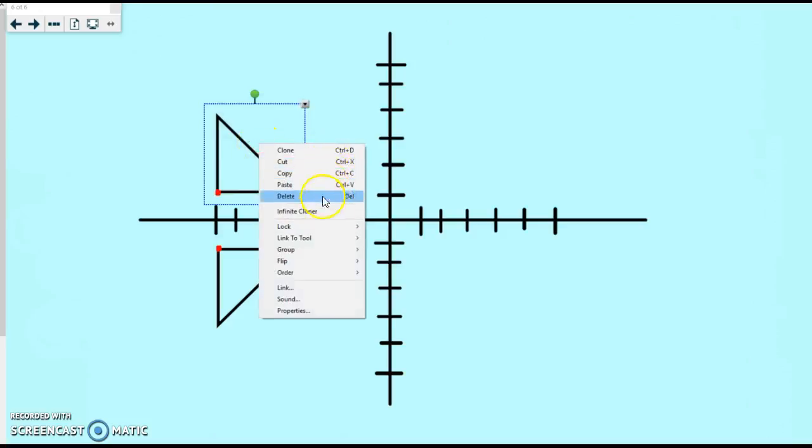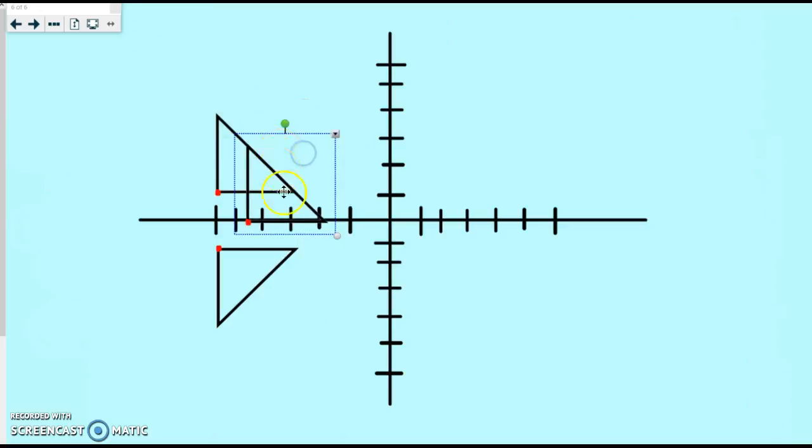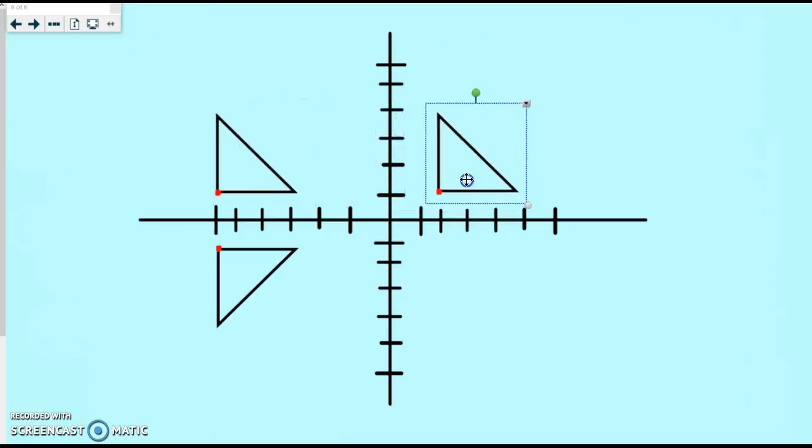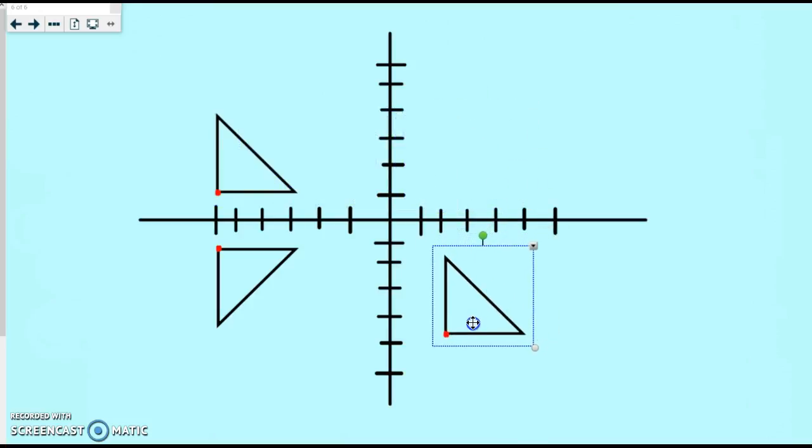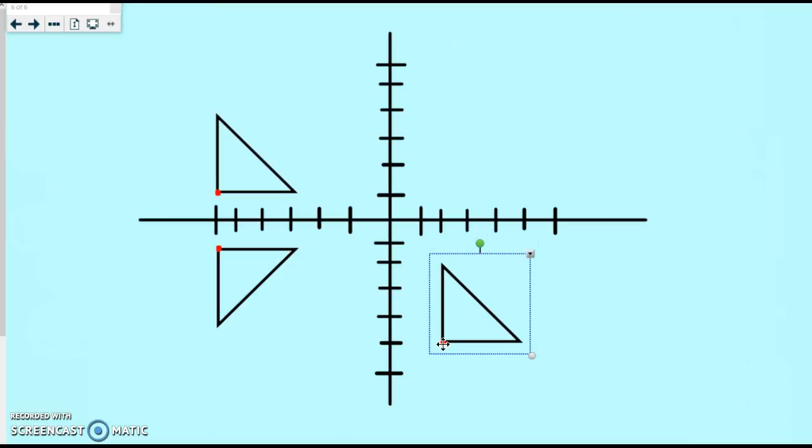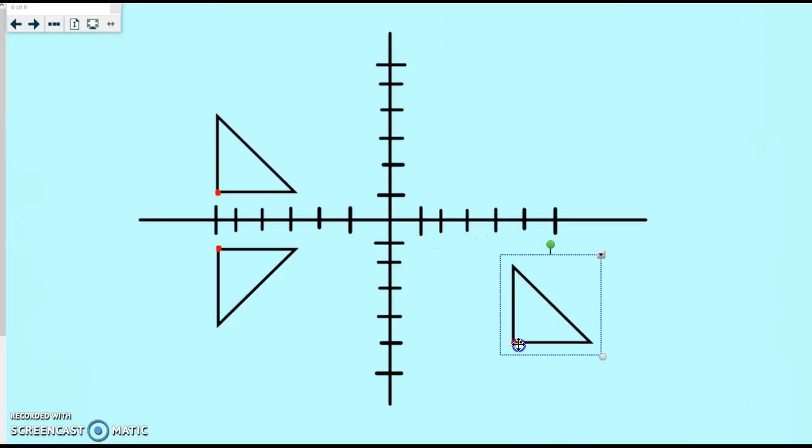And lastly, you have your translations. I'm just going to make another figure again, by which you can move this figure anywhere on this plane by this fixed point. And just redraw the rest of the triangle.